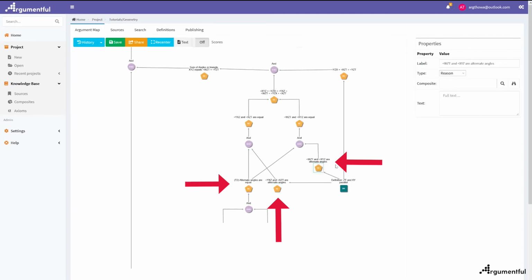Based on these two reasons, and together with T2, alternate angles are equal, which we already proved, it follows that angle YXZ equals angle XZT, and that angle WZT equals angle XYZ.